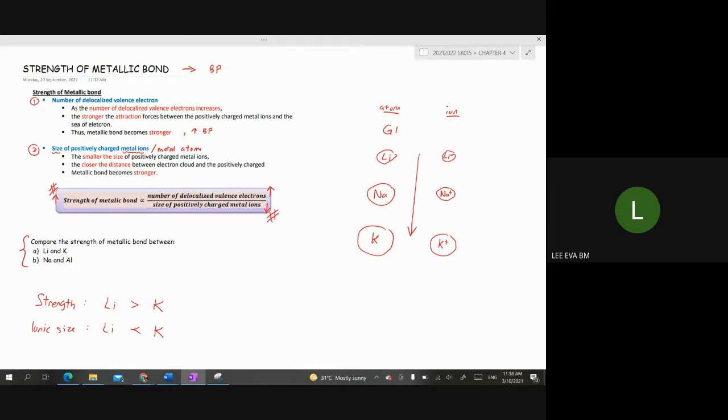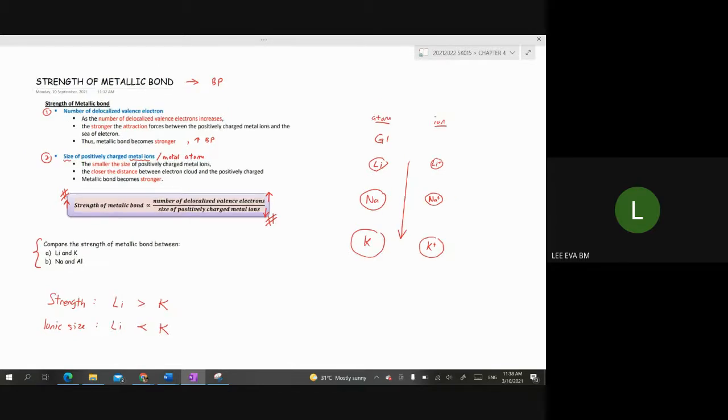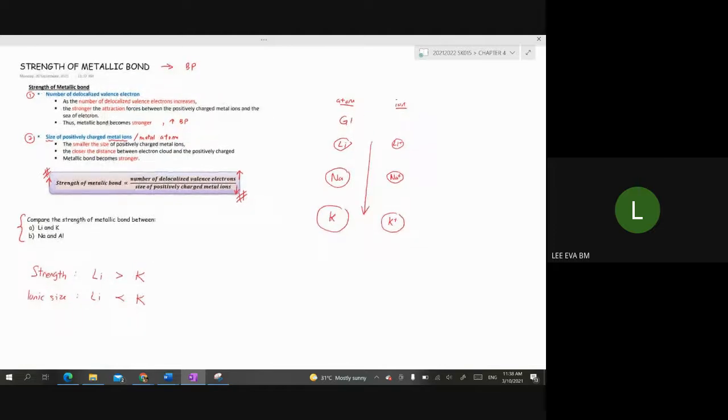You can make your own sentence too: lithium has a stronger metallic bond because it has a smaller size compared to potassium. The smaller the size of the metal ion, the stronger the metallic bond. So size and strength are inversely proportional.